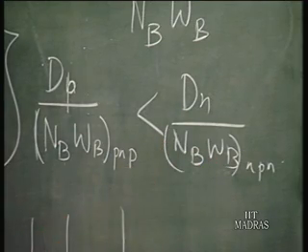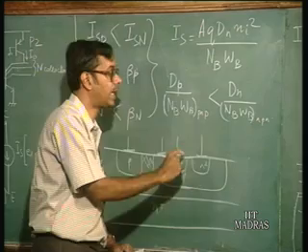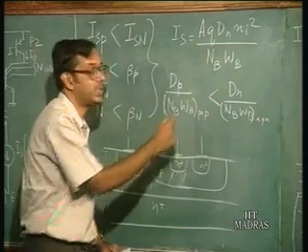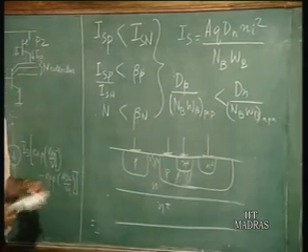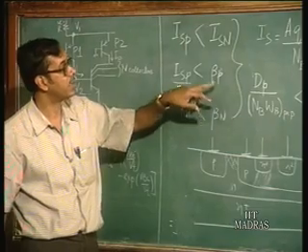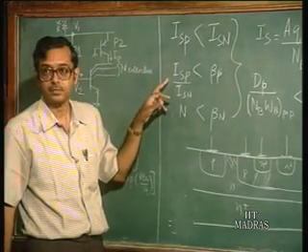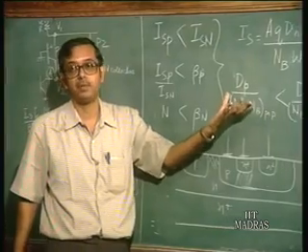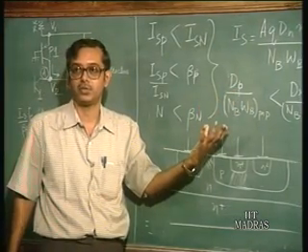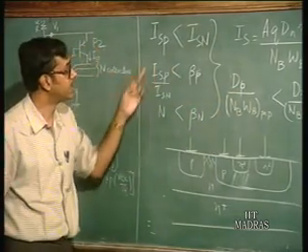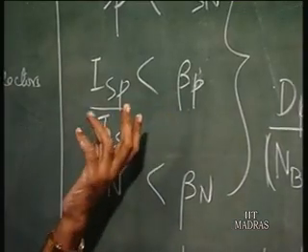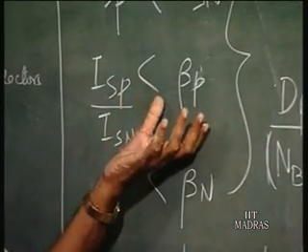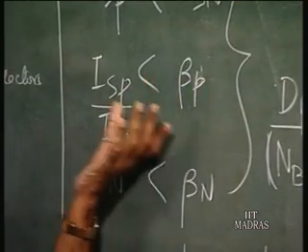Okay. All right. But at the same time you cannot make the base width of the PNP very large, because again you have a condition here, you see, all right. If you make the base width of the PNP very large, the beta of the transistor is going to fall. Again you have a condition that this ISP by ISN must be less than beta p. Okay. So, again beta p must also be sufficiently large.